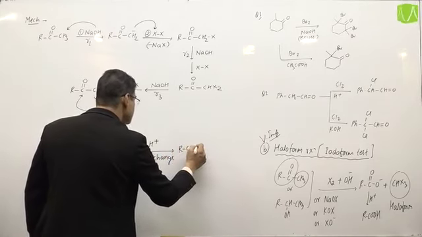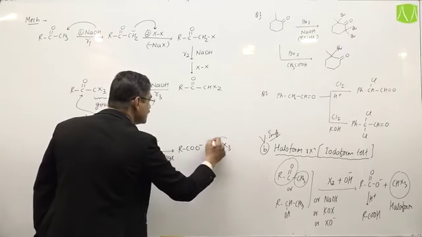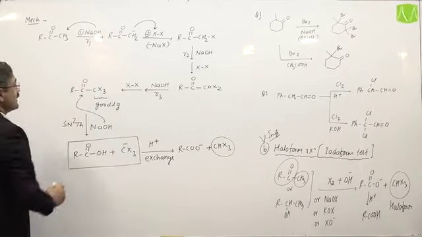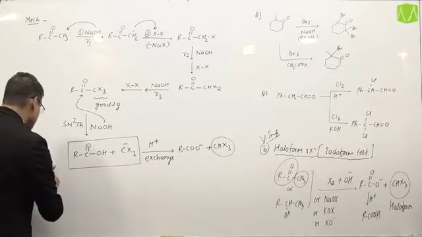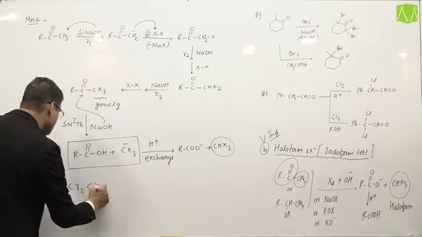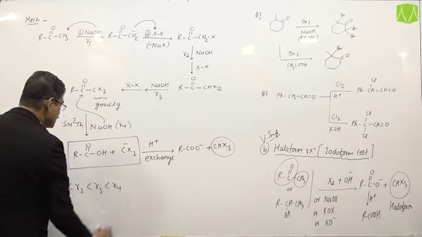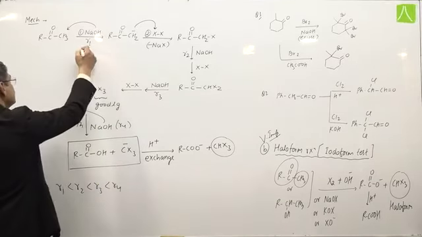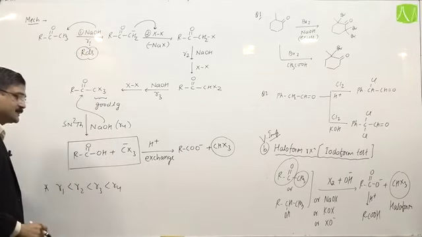So the final product is RCOO minus and CHX3, the haloform. So this is the mechanism. It is the same mechanism as in basic medium. So here R1 is slower than R2, which is slower than R3, or suppose I take this as R4, so it is slower than R4. So overall R1 is the RDS. R1 is the RDS step.